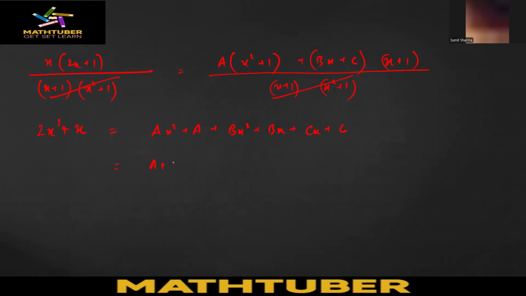Now taking common as per the power of x, we will get a plus b into x square plus b plus c into x plus a plus c, right?